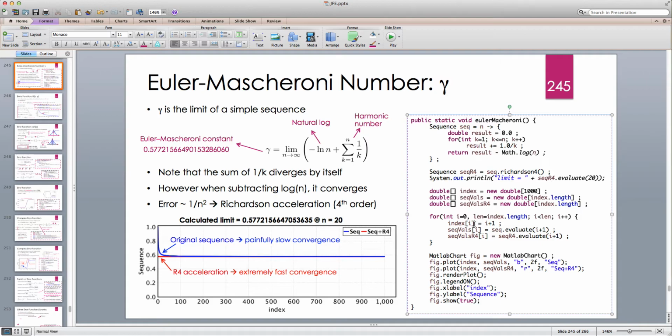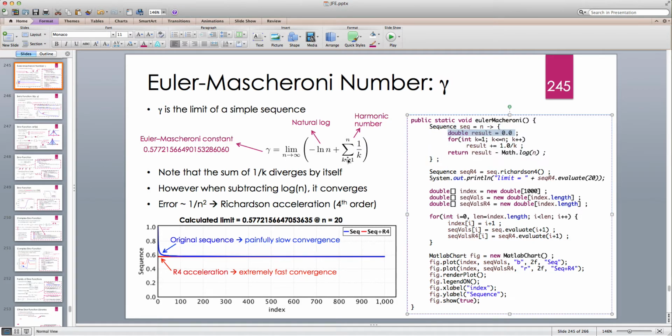In order to find the limit of the sequence, I create a sequence, and again we're using our wonderful implementation of the sequence, which was a functional interface with a bunch of default functions, which add more capabilities to a functional interface in Java.